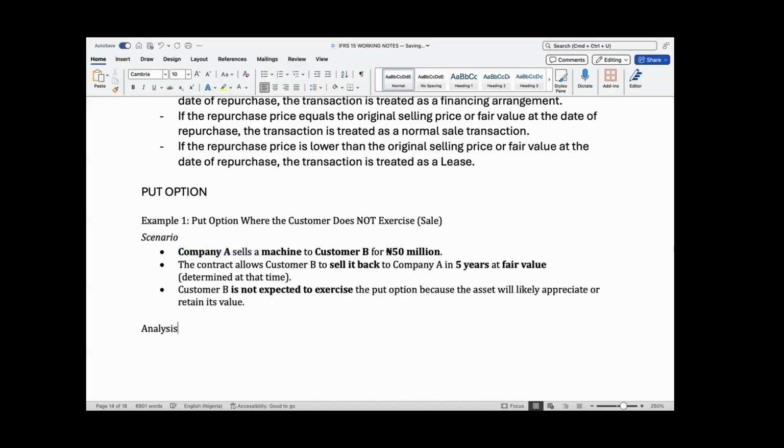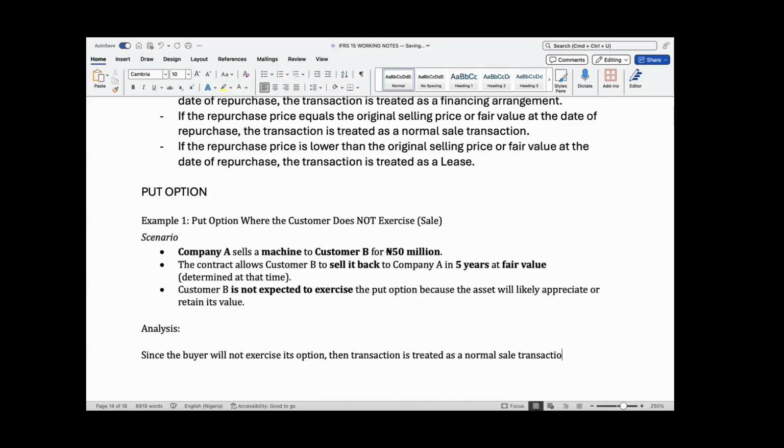Let's analyze this. Since the buyer will not exercise its option, the transaction is treated as what? Can you tell me? Financial agreement. No, it's a normal sale transaction.